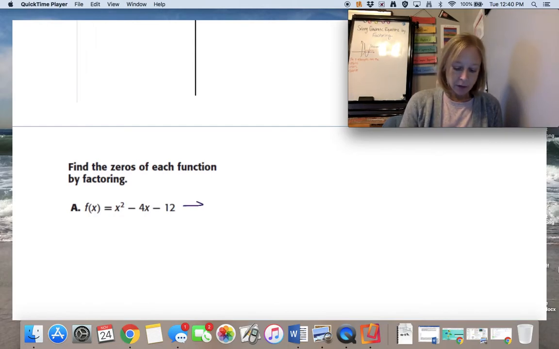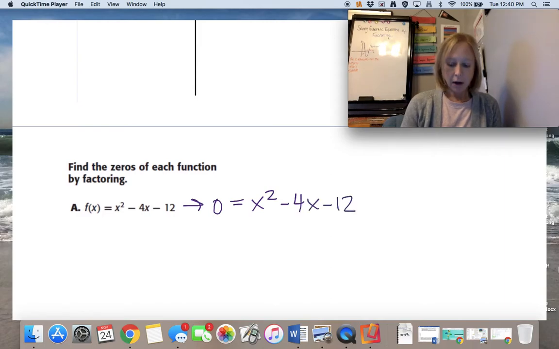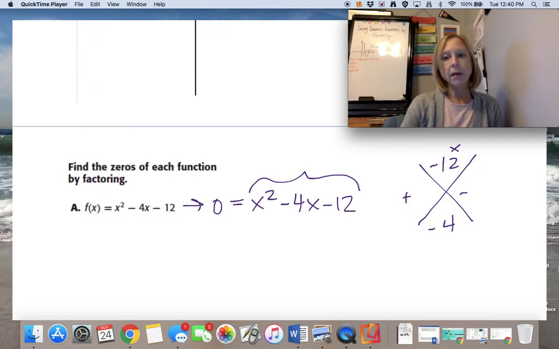Okay, first thing we do is we set this equal to 0. So I change my f of x or my y to be 0 equals x squared minus 4x minus 12. Now I'm going to factor my expression that's on the right. I'm going to ask myself what multiplies to -12 and adds to -4. I know I'm going to have a positive number and a negative number, and so their difference will be -4.